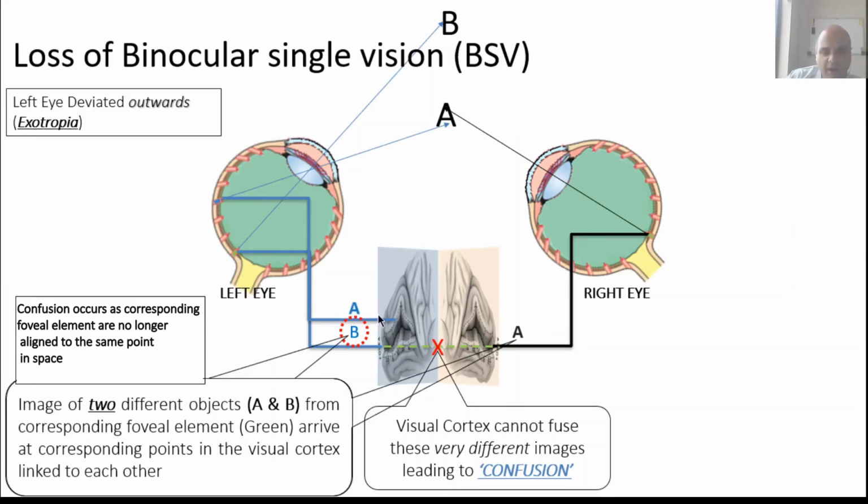So there are two images of A that are getting to the visual cortex, but they are ending up at different points in the visual cortex because these two images of this object are not being sent by corresponding retinal elements. The images of A are now being sent by unpaired retinal elements or unpaired photoreceptors to points in the visual cortex that are not corresponding to each other.